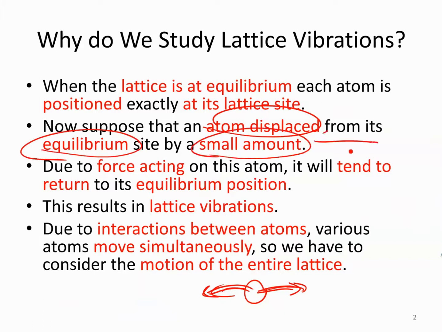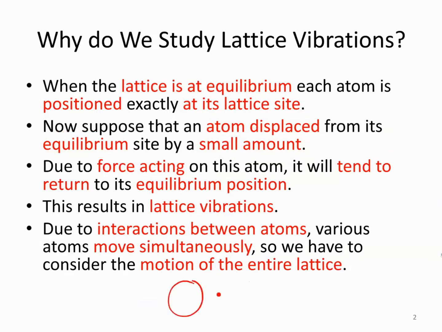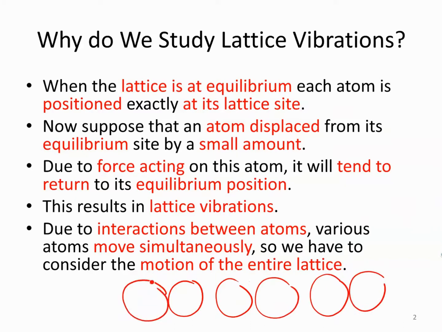Okay, this small amount depends on the temperature. If you increase the temperature, then this small amount will slowly increase. So due to the force acting on this atom, it will tend to return to its equilibrium position. What does that mean? Okay, we know that in the last chapter we studied chemical bonding, right? Chemical bonding means that all the atoms are bonded by chemical bonds, and we have 5 different types of bonding.